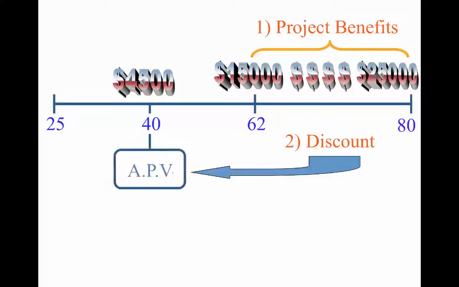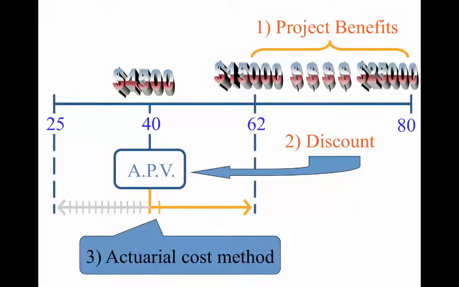Each of those projected benefit payments is then discounted back to their actuarial present value, their value in today's dollars. And that actuarial present value is then attributed to past periods of service as well as to future periods of service. And that is done using an acceptable actuarial cost method.